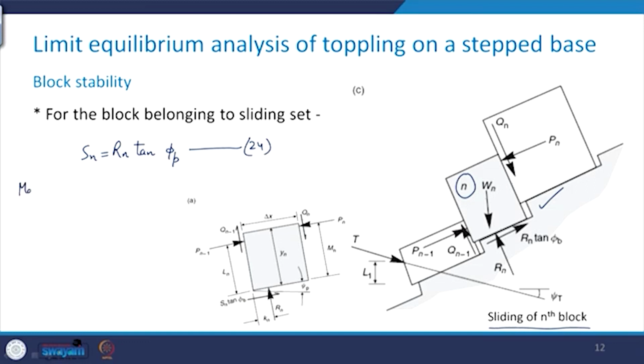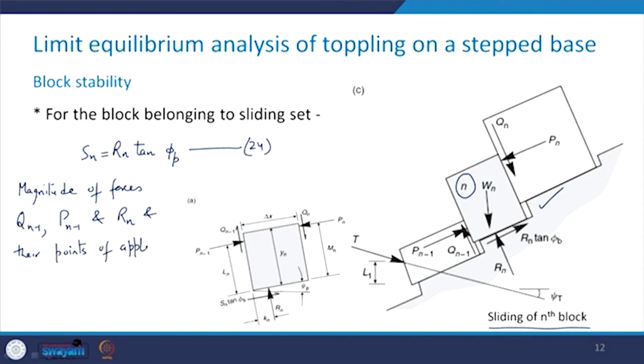The magnitudes of the forces Qn minus 1, Pn minus 1 and Rn, and their points of application Ln and Kn, are unknown. You can see here this is Kn and these are Ln.